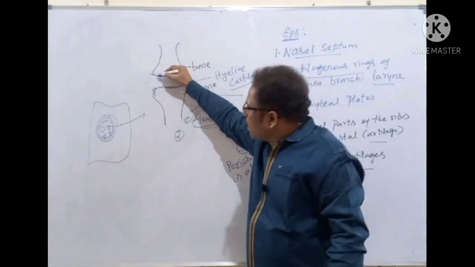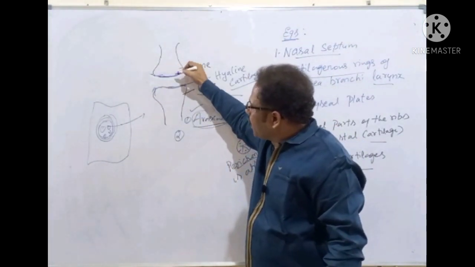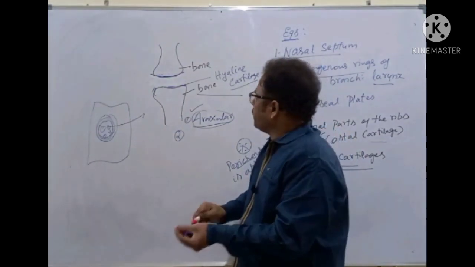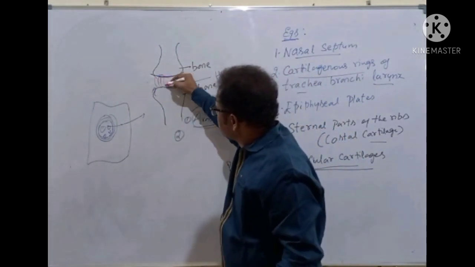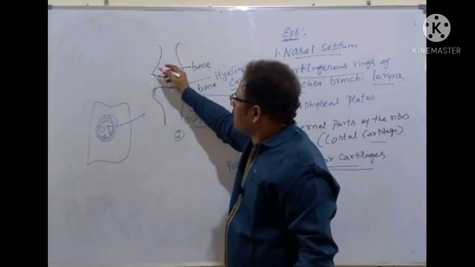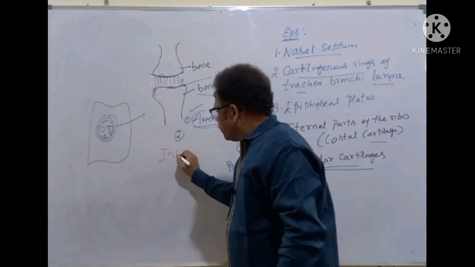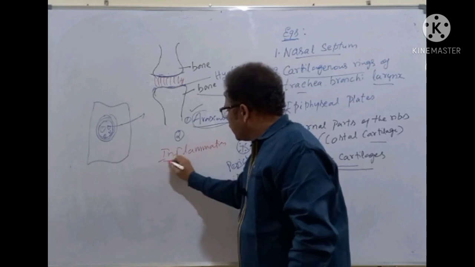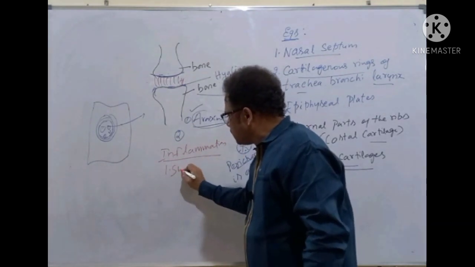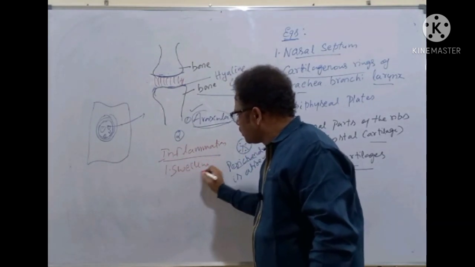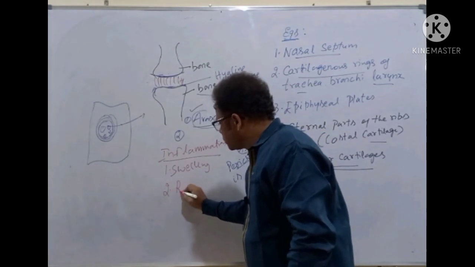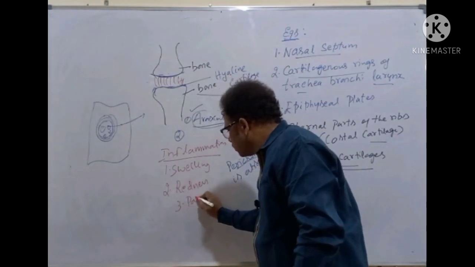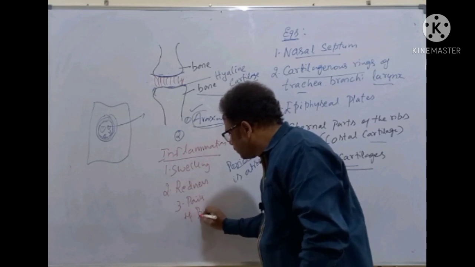Because it is not regenerated, what happens? It gets inflamed. For example, this is an inflammation. What is inflammation? I told you in the previous classes. Inflammation is always characterized by swelling, redness, pain, and burning sensation.